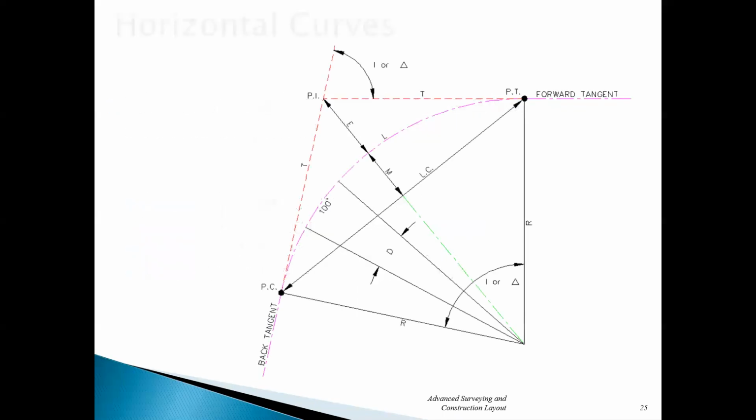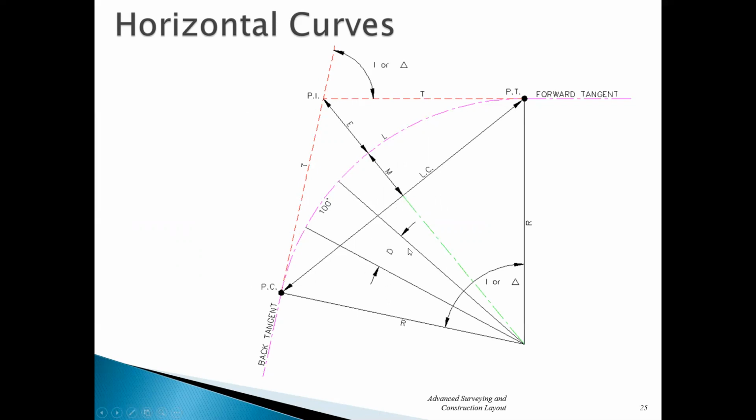So again, here's that picture that I just had, and there's your back tangent, forward tangent. There's your delta or I angle. Notice our radius. There's your long chord. There's your L, that's your bent distance. Here's your PC, PI, PT. And this is showing you how degree of curve works.